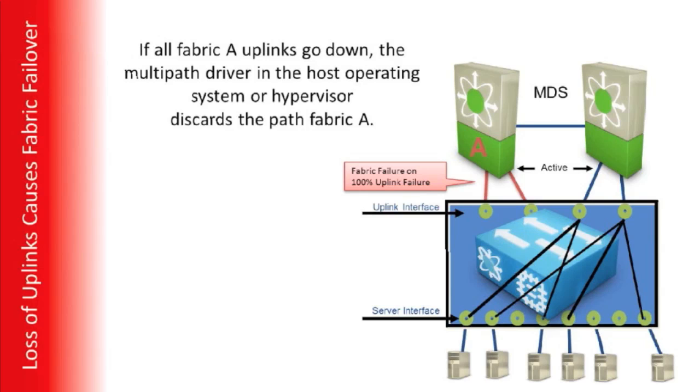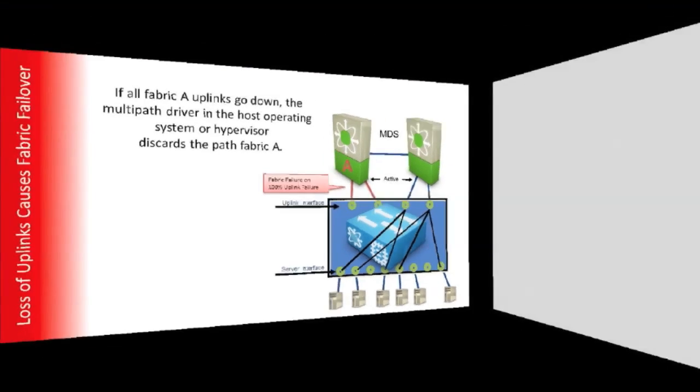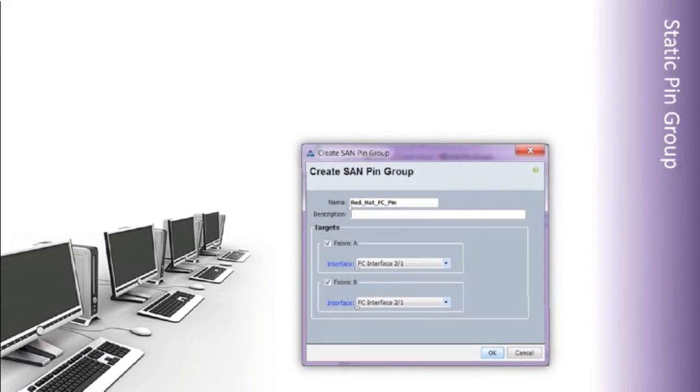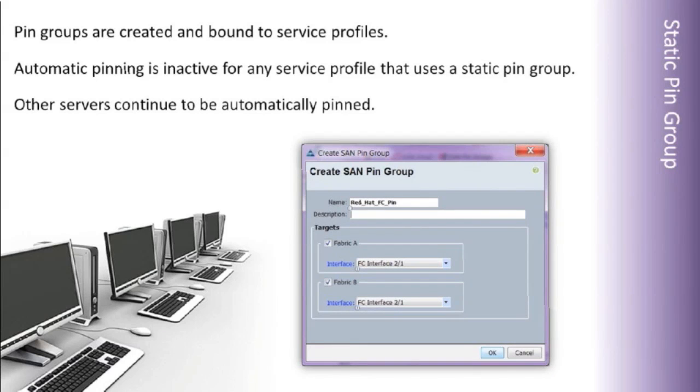Okay, you're not surprised. Then in addition to this dynamic uplink pinning in our storage area networking, we can do manual or static uplink pinning. And we're going to create a SAN pin group. And this is almost identical to the logic for the LAN pin group that we spoke of.